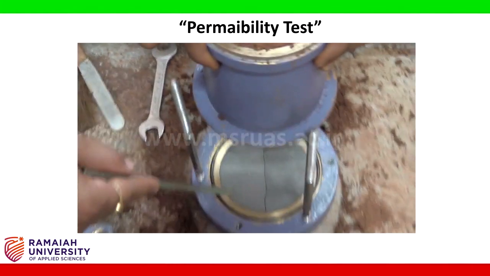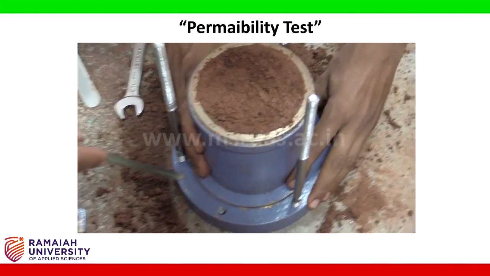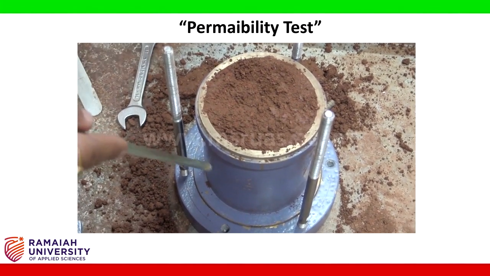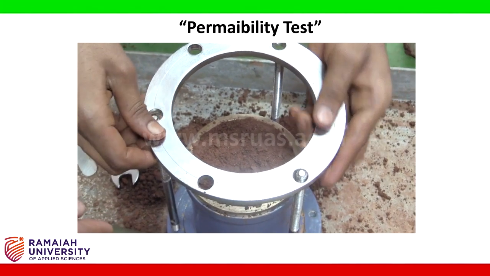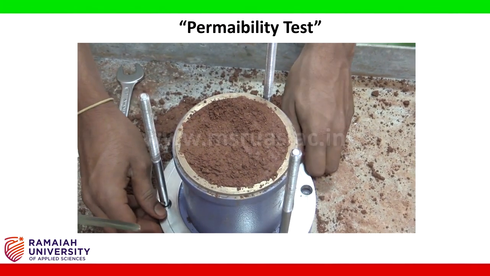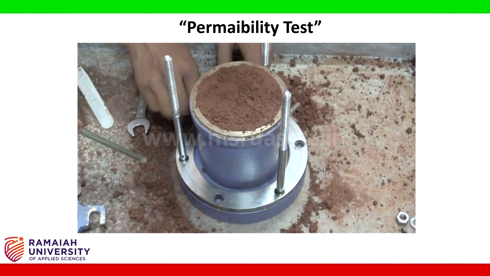Make sure the porous plate is saturated, and then transfer the ring back onto the base plate, which is required to hold the mold in position. Tighten all the nuts and bolts.